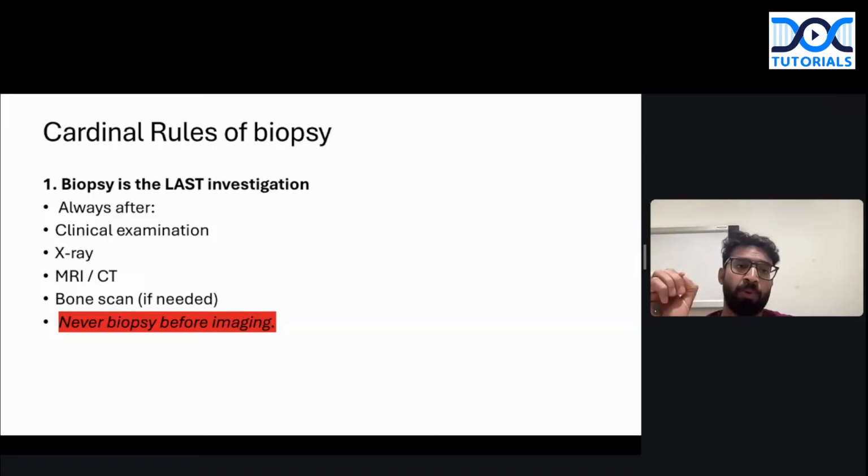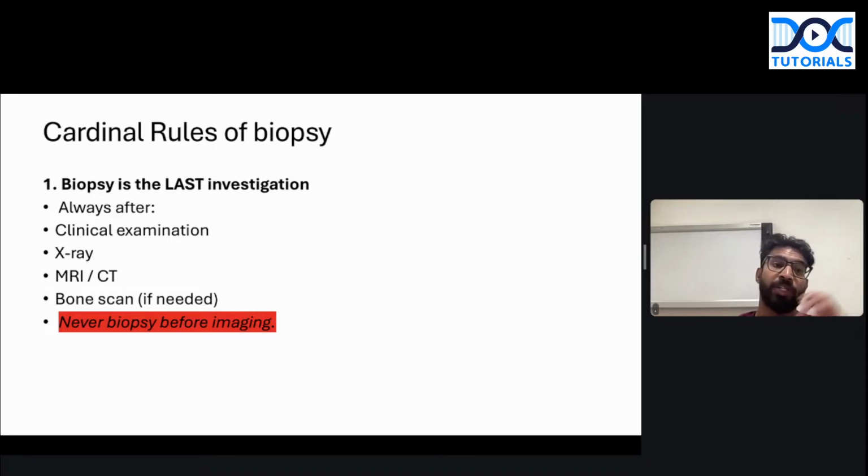So it's very important that you should see this. The biopsy, as I always told, once you are done with your radiological investigations, clinical investigations, then only you perform the biopsy. And biopsy should never be done before imaging. So that's the first cardinal rule of biopsy.